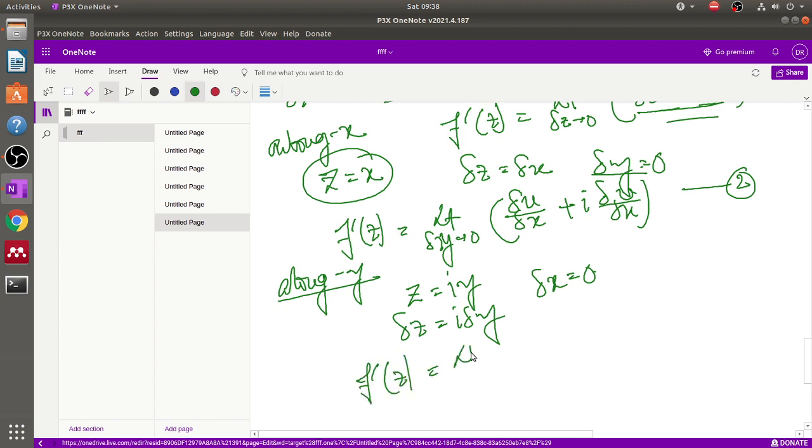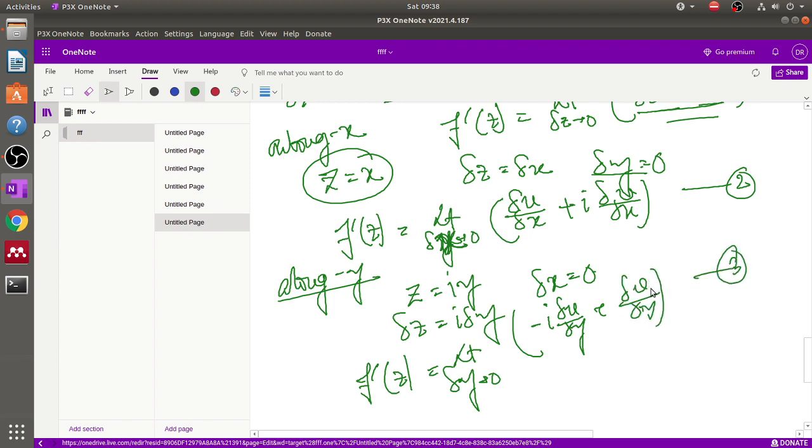This f dash z is the limit as delta y tends to 0 of minus i del u by del y plus del v by del y. This is equation number 3.